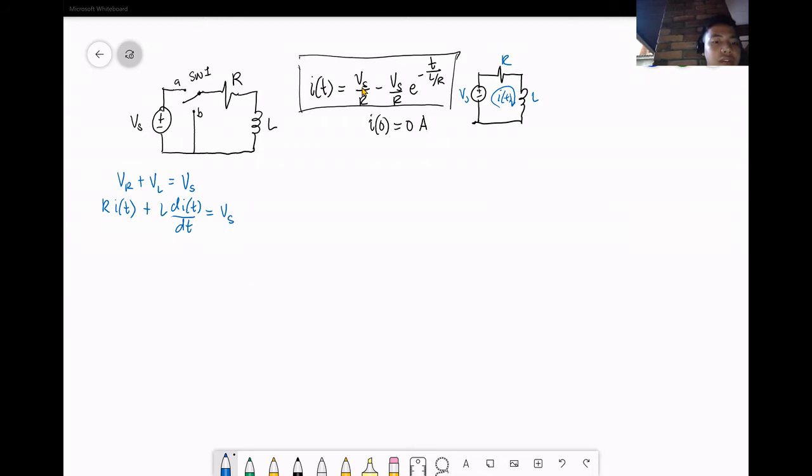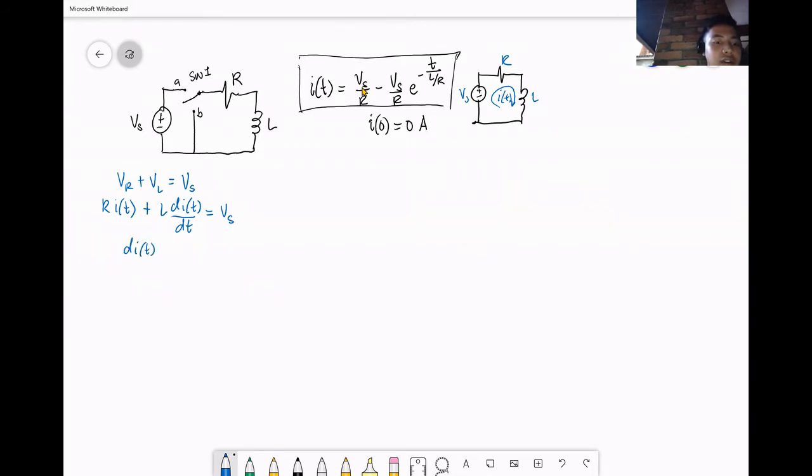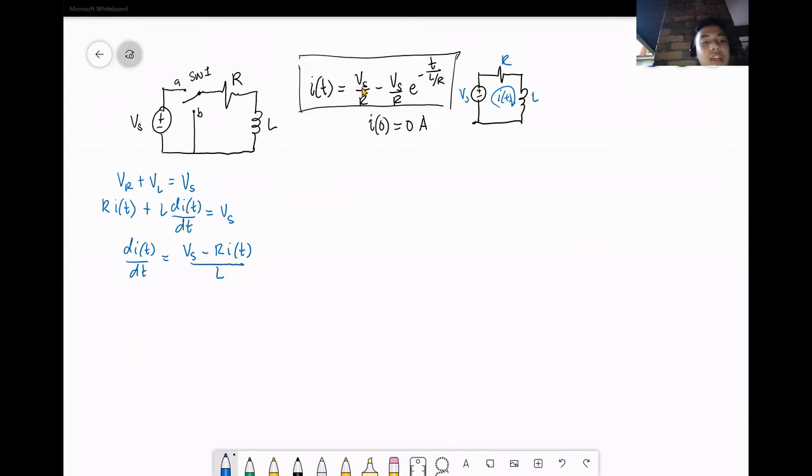So you have di of t over dt, and then divide all the elements by L. So you will have Vs minus R I of t divided by L. Then cross multiply: the term on the right will be in the denominator, while dt will be in the denominator of di on the left side, no?